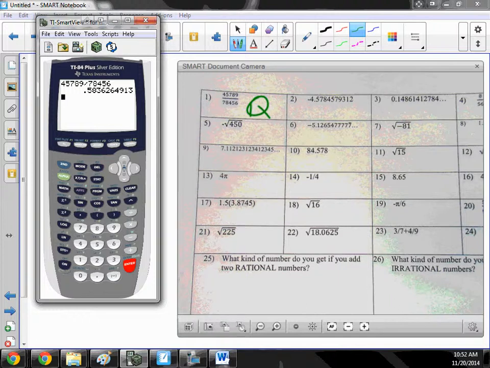This one either repeats or it terminates, but I might have 78,000 decimals before I figure that out, whether it repeats or terminates. That's just a coincidence. The fact that it's a fraction makes it rational. Even if you can't find a pattern like that, it would still be rational.